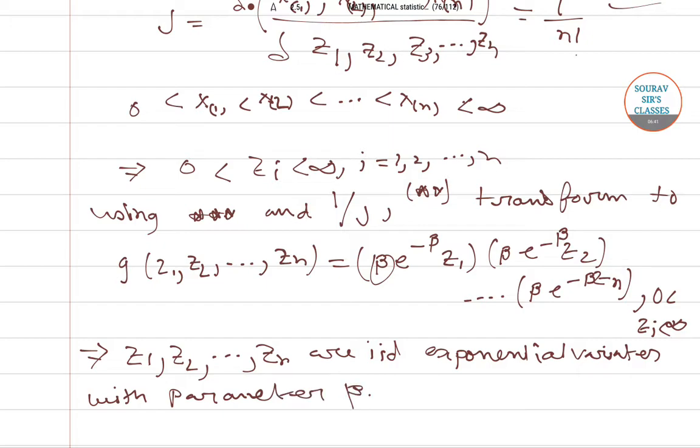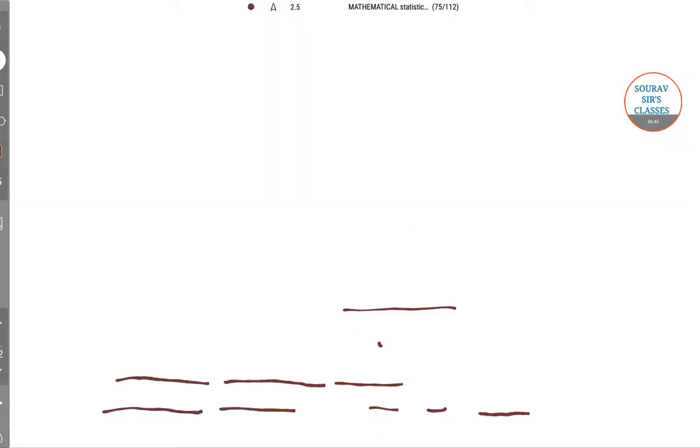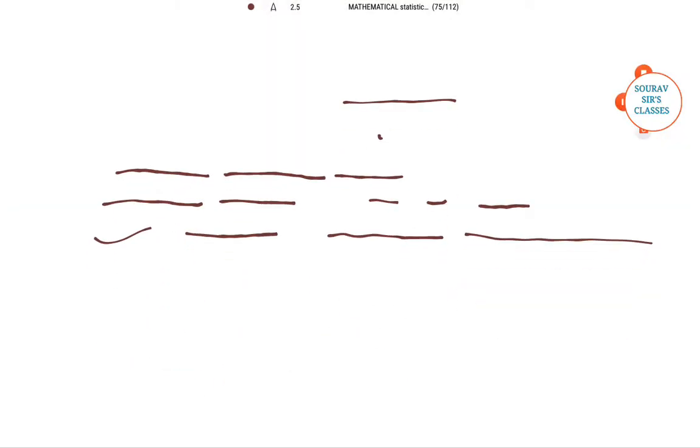So we have been able to solve this question. Now we'll go to the question again. So this was the question, and we have been able to show that they are identically distributed.